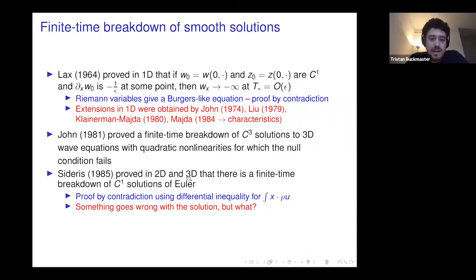In the 3D case, singularities were proven for 3D wave equations with quadratic nonlinearities. Sideris was the first to prove the breakdown of 2D and 3D solutions. And again, this was a proof by contradiction. So the key thing here is that something goes wrong, but you don't even know exactly what goes wrong. And I want to consider the situation where you know exactly what goes wrong.